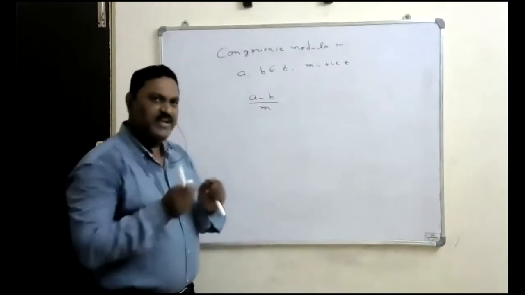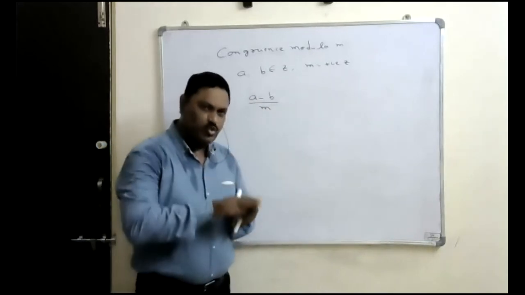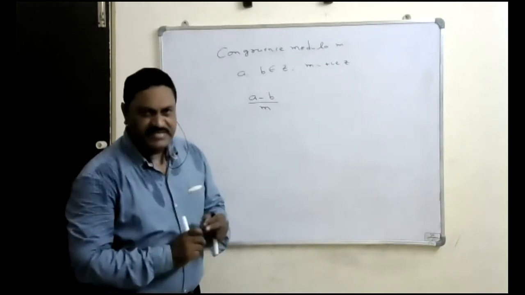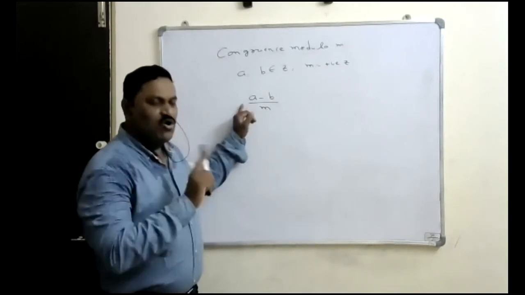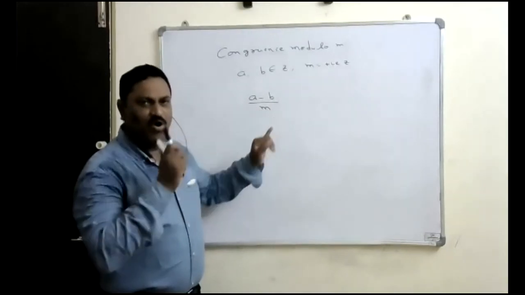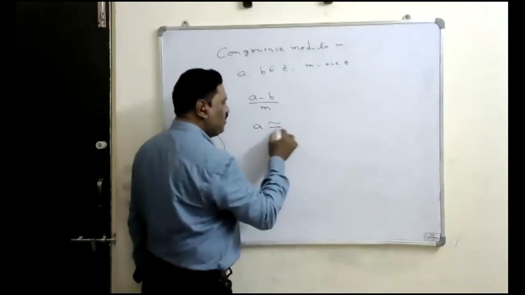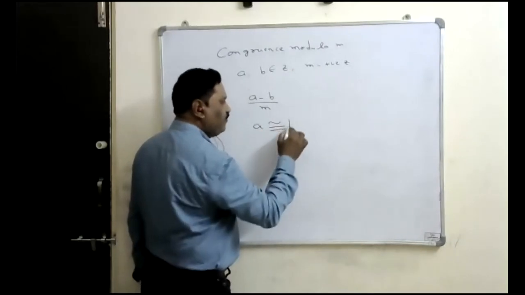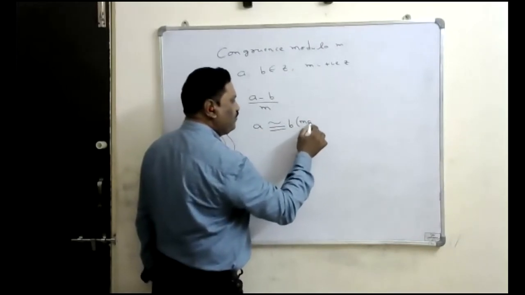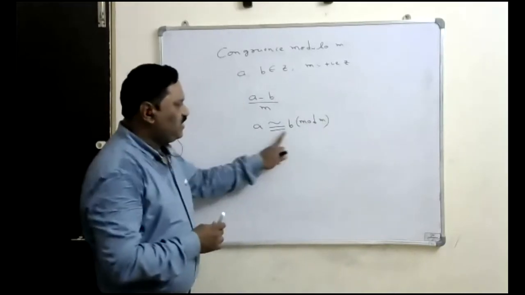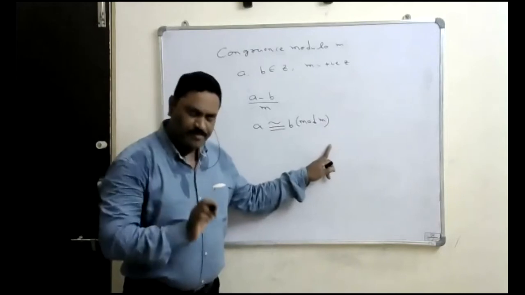If the difference of those two integers, a minus b, is divisible by m, then we will say that a is congruent to b of mod m. This is the symbol for the congruency of a and b of mod m. Like that we can write it, meaning a minus b is divisible by m.